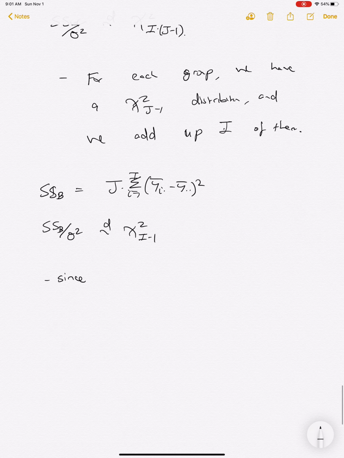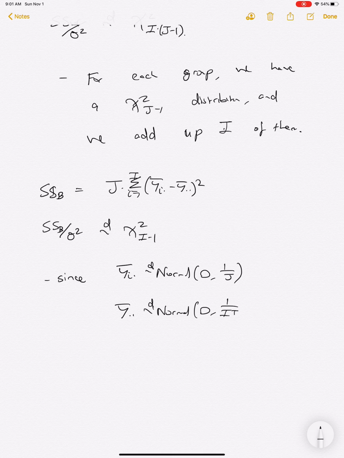But what we have in this context is that Y bar i dot is normal with mean 0 and variance 1 over J, and Y bar dot dot is normal with mean 0 and variance 1 over IJ.